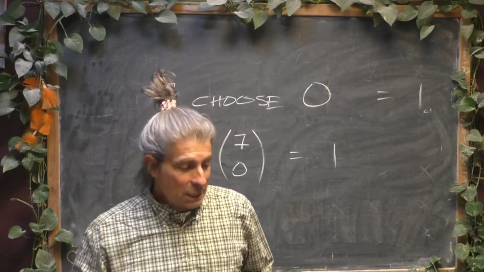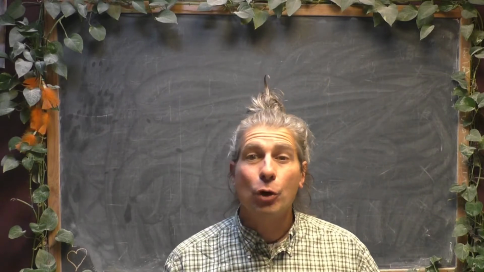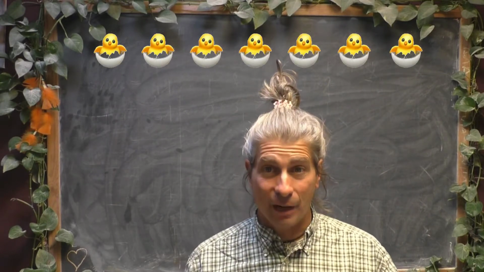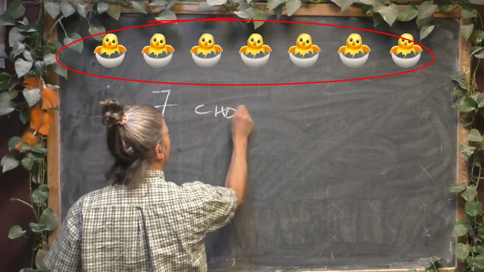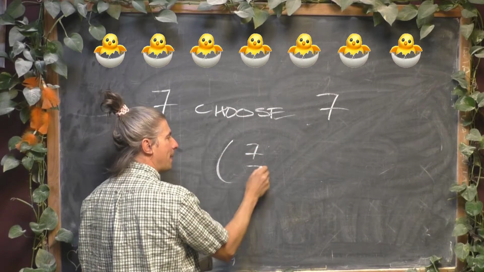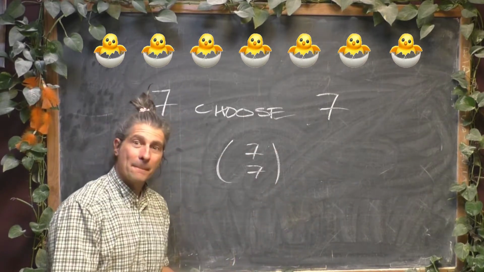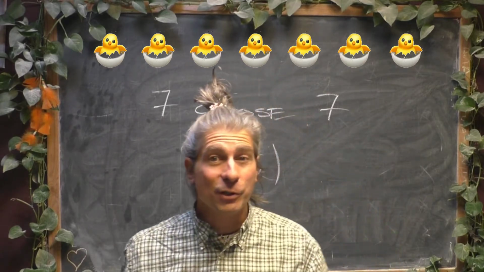What I'd like to do now is actually jump to the other end. What would happen if we chose all 7 of the chicks? So in other words, 7 choose 7, which would look like this, mathematically. Well, if you're going to choose them all, I would argue you still only have one choice.